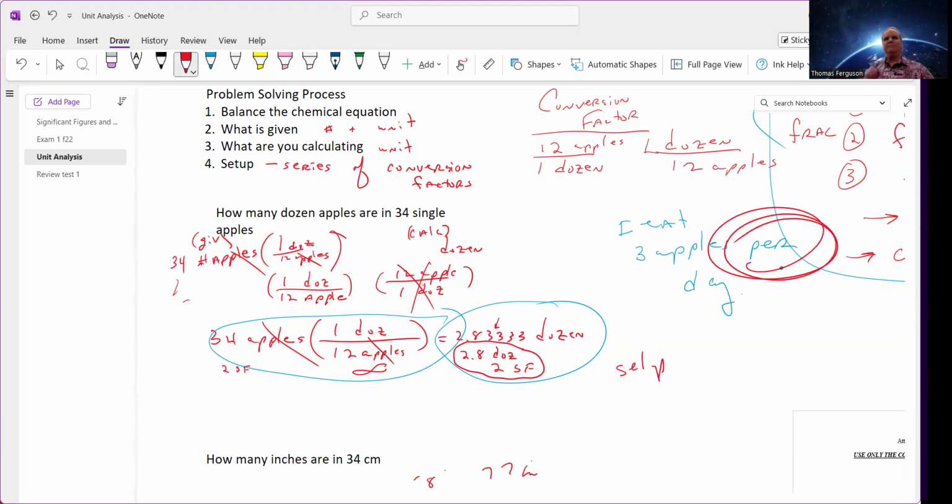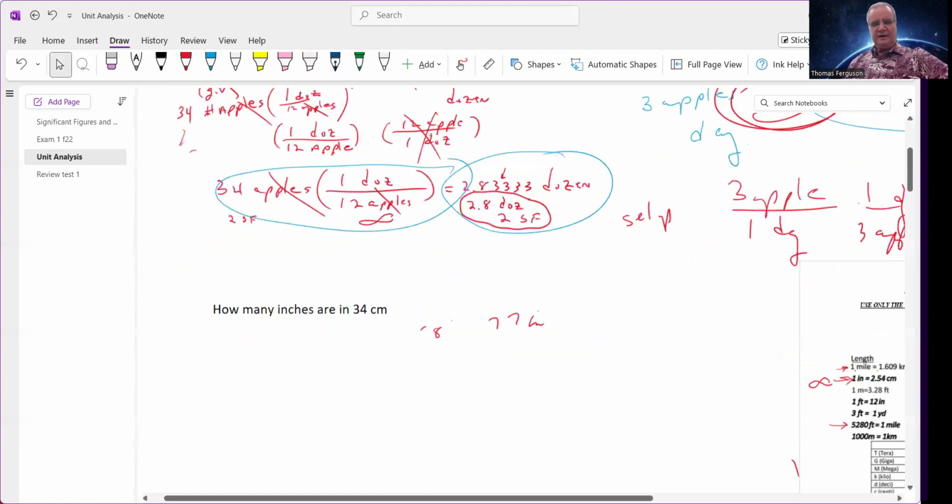Per, immediately conversion factor. And what is that? That is 3 apples per day, or 1 day per 3 apples. Now, in dry lab 2, you're going to see a lot of this, a lot of pers. And as soon as you see that red flag, boom, conversion factor.